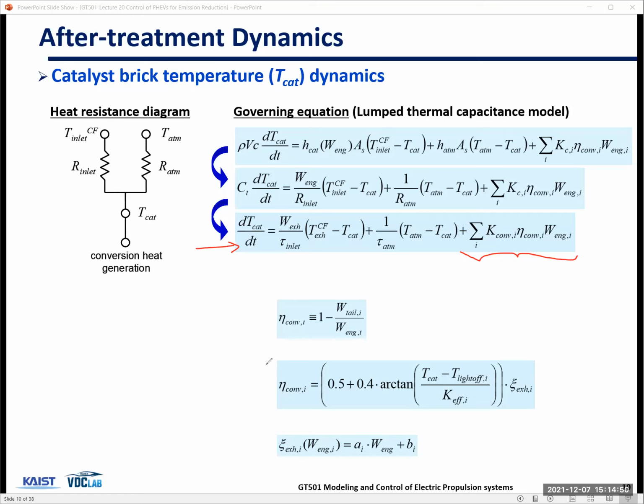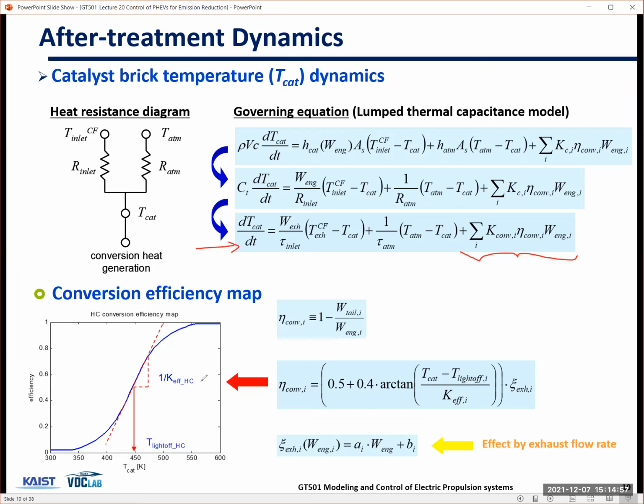And then we have this conversion efficiency map, which shows that once converter temperature hits about 500 K, the efficiency approaches 98%, 99%, which means all the harmful emissions are converted into safe emissions.